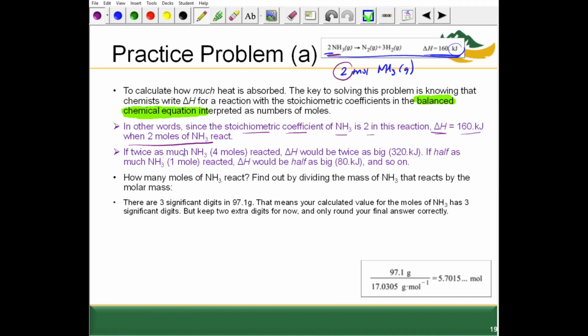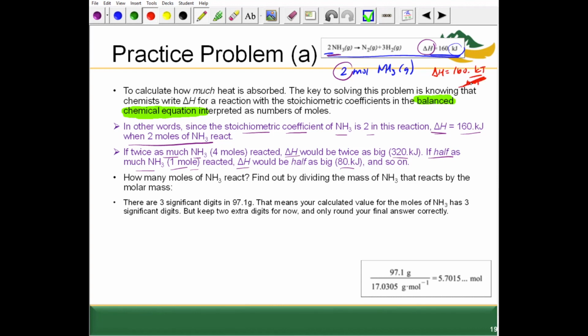Now, if there were twice as much ammonia, like 4 moles, for example, we know from what we just reviewed, we would multiply that change in enthalpy value by 2. So then that would be 320 kilojoules. Then similarly, if half as much ammonia, such as 1 mole, reacted, then that delta H we'd have to divide by 2. So notice here that the delta H is not listed as 160 kilojoules per mole.